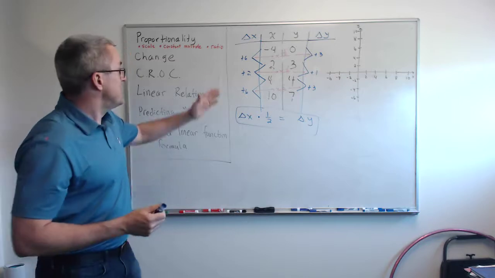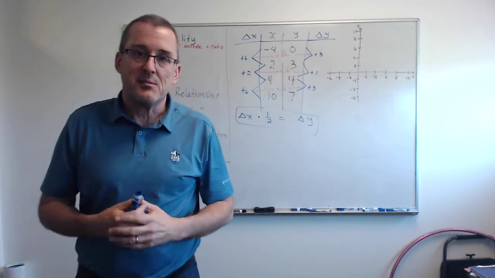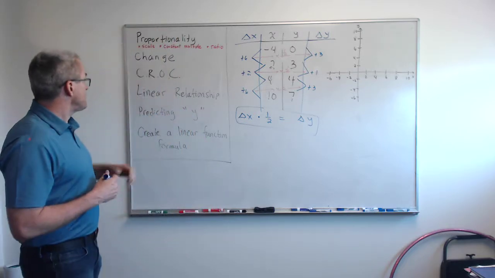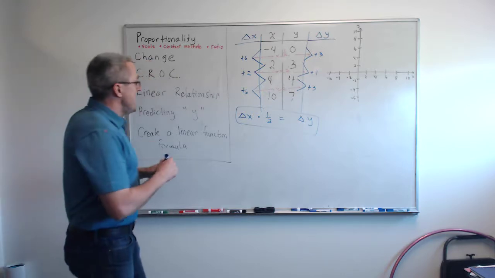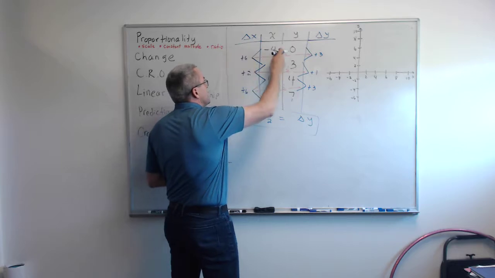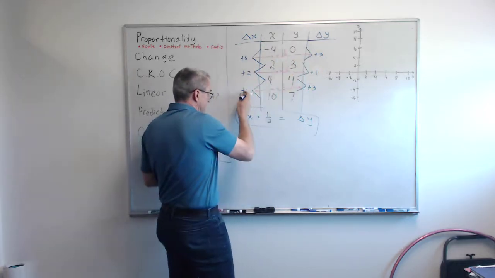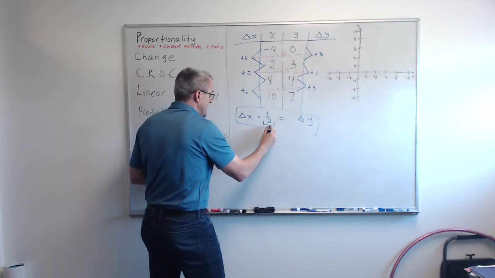Now we could look at the scale, we could look at the ratios, and we would similarly see proportionality here, but I'm just going to pause there. So proportionality, change, and then now here it is. This 1/2, this constant multiplier from the change in x to the change in y, you multiply by a half. This 1/2 has a name.